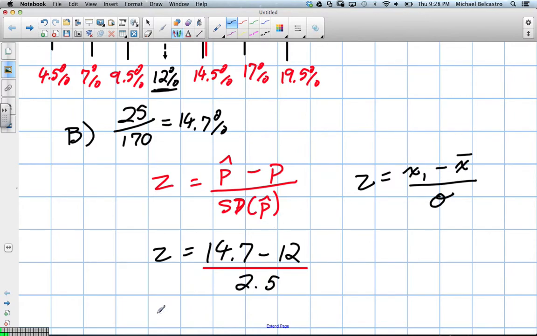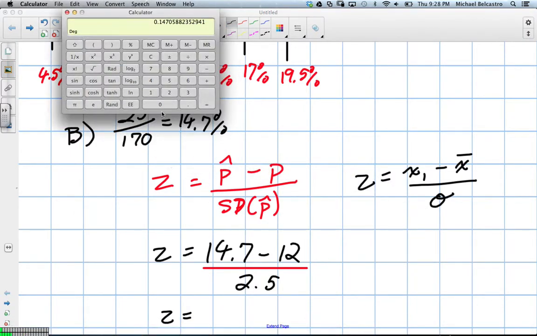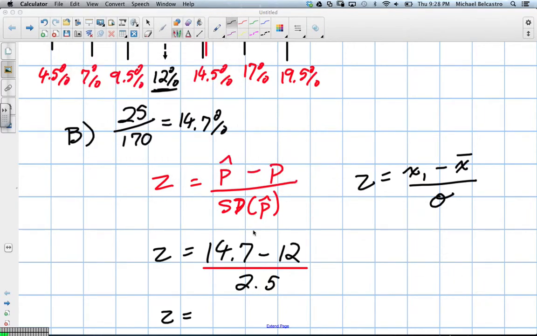Our z-score is 14.7 minus 12, divided by 2.5, which is 1.08. That makes sense, right? One standard deviation was 14.5, so 14.7 is a little greater than 1.08.